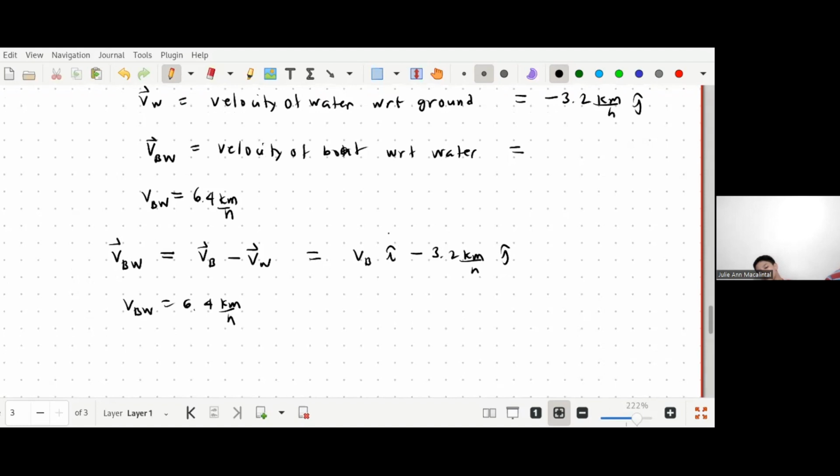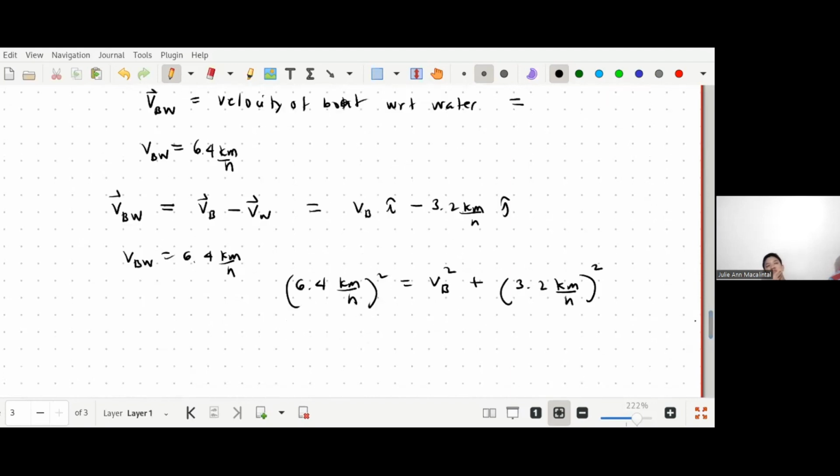So let's get V sub B. 6.4 kilometers per hour squared is equal to V sub B squared plus 3.2 squared, and let's compute for that.